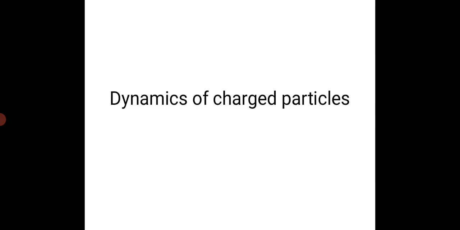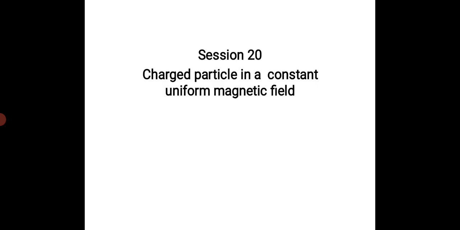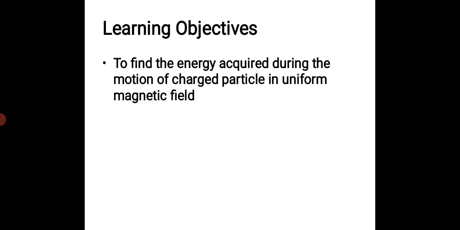The lesson is Dynamics of Charged Particles, in which we have already learnt the charged particles in a uniform electric field and transverse electric field. Now in this session we are going to study about charged particle in a constant uniform magnetic field.